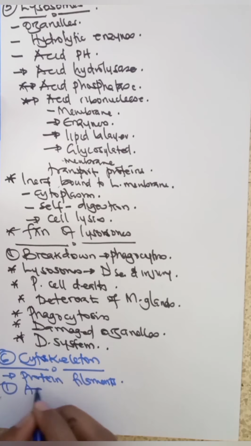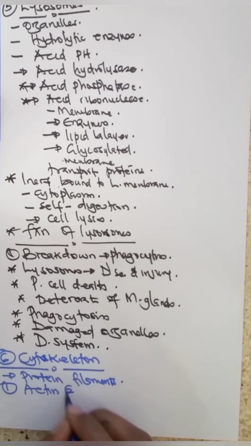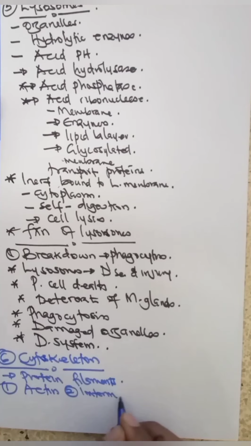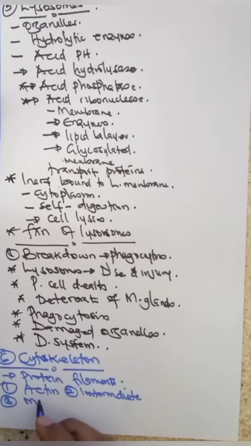One is the actin filaments, which can also be called the microfilaments. Number 2, we have the intermediate filaments, and number 3, we have the microtubules. Those are the 3 kinds of protein filaments contained within the cytoskeleton.